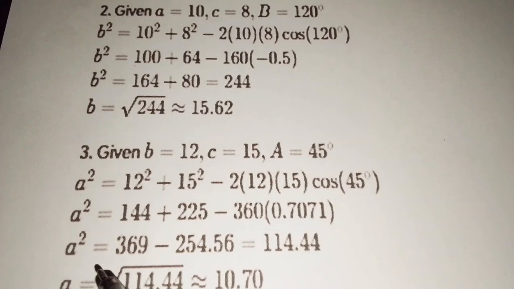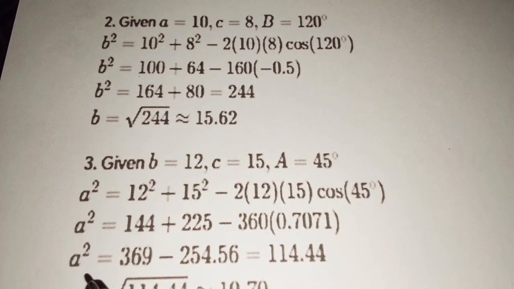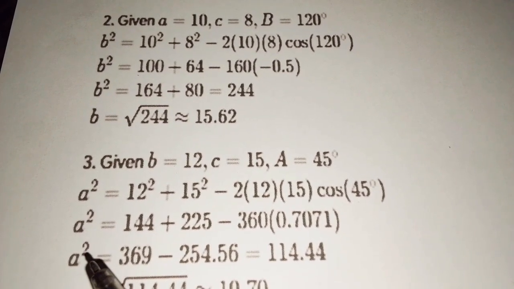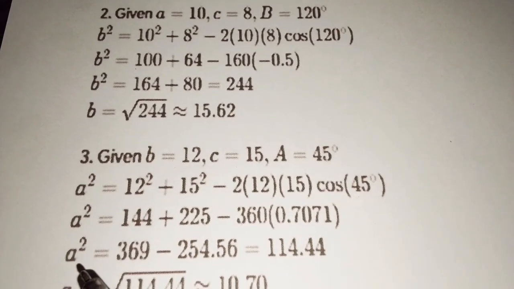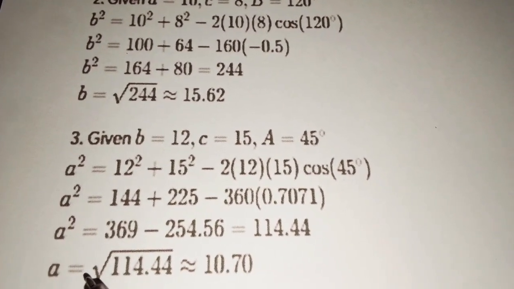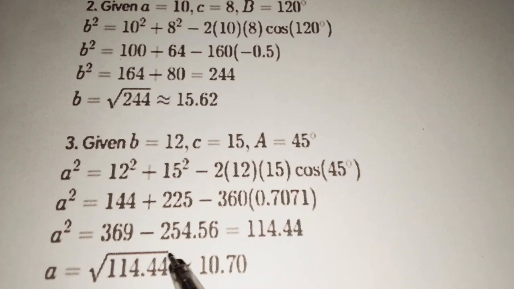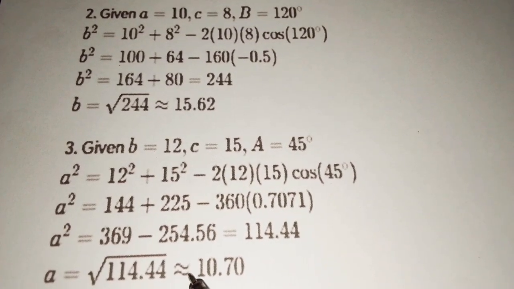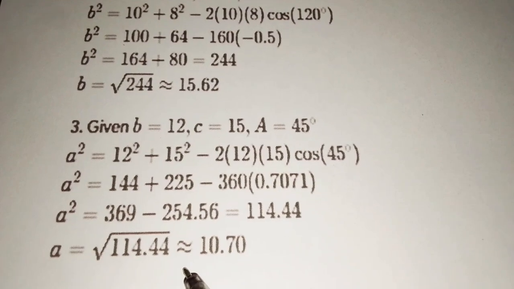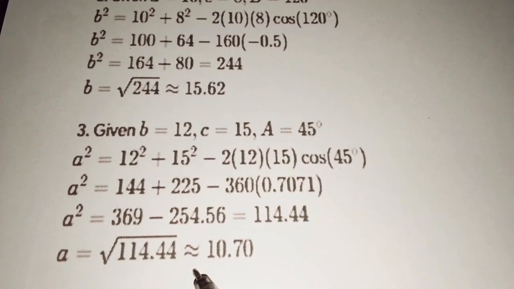Now, since we have to get the value of a, not a squared, we put this into the radical symbol, or square root. So the square root of a squared is a, which is equal to the square root of 114.44, approaching 10.70. And this is the answer.